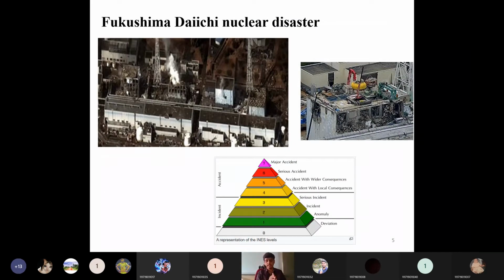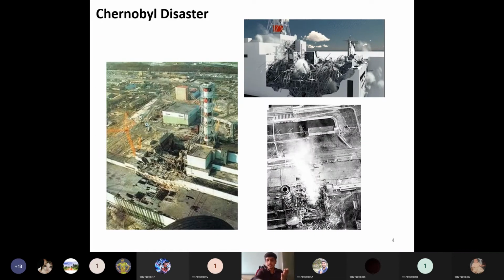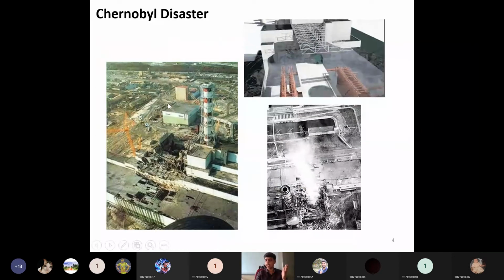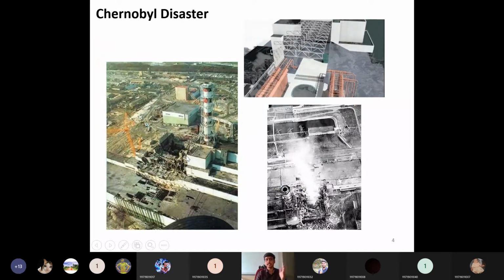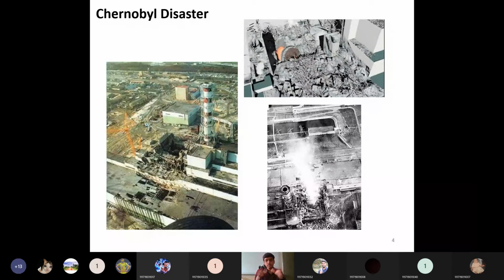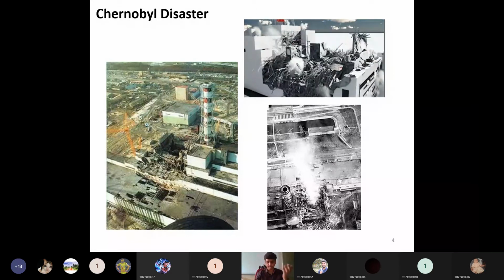Primarily, the reasons behind these incidents are failures of the reactor. In the Chernobyl disaster, it was the failure of reactor number 4, attributed to design flaws as well as simulation flaws in the reactor.